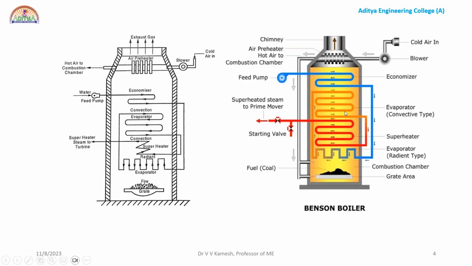That is the convective evaporator. So again, the steam will take some of the hot gases' heat, and the steam will get more heated. And next, it will go down, and at the red color, the steam will still take much of the heat from the hot gases, right? So hot gases will give the heat to the water and the steam at different levels.